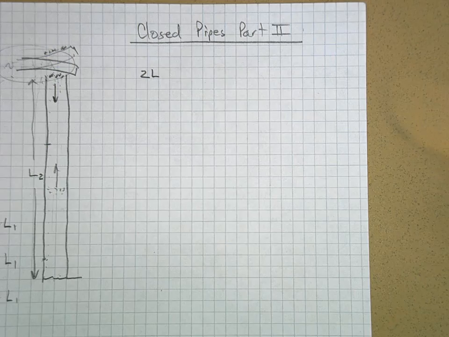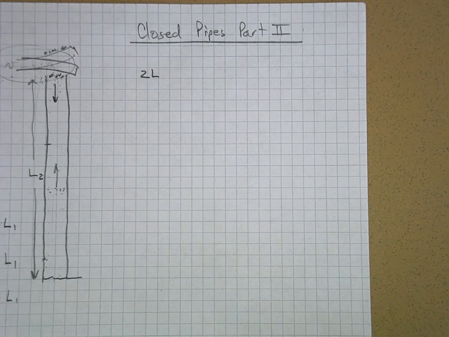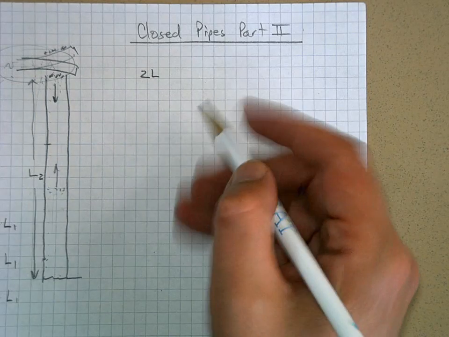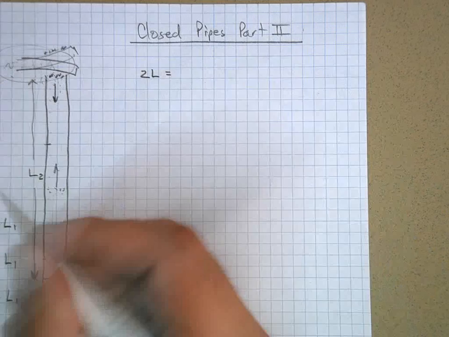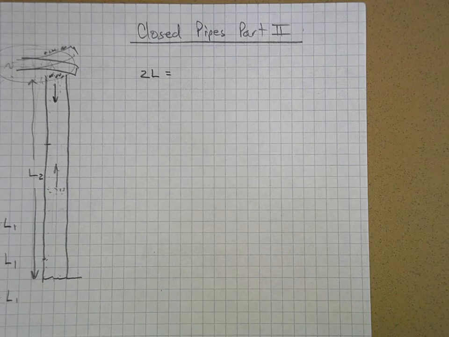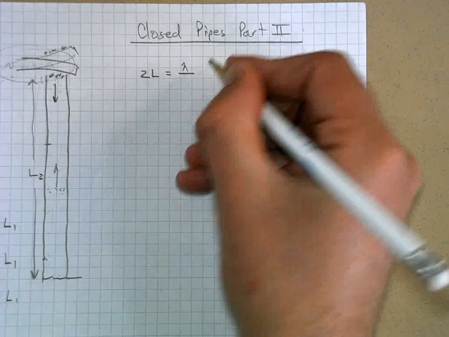The sound has to go down the pipe and reflect off the closed end and then back up to the open end. So it's still going to travel 2L. But now we want the longest possible wavelength, and that's still going to be the wavelength over 2.